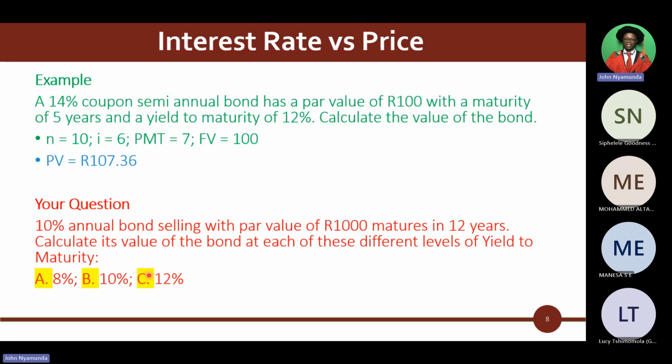Let's do that quickly. So you do your PMT, your N, your I, your FV, then you say PV, then you write the answer. Then you change your I to 10, then you change your I to 12, then you write your answer. Then we can discuss something. Okay, let's go for it.